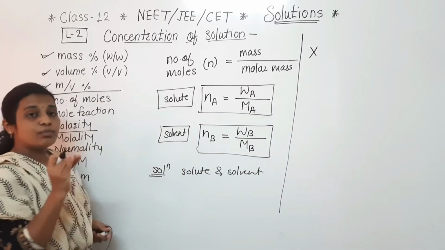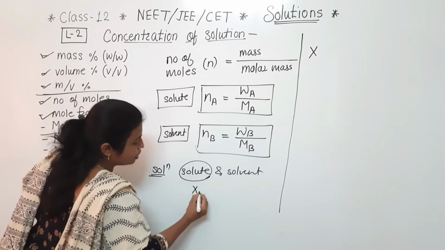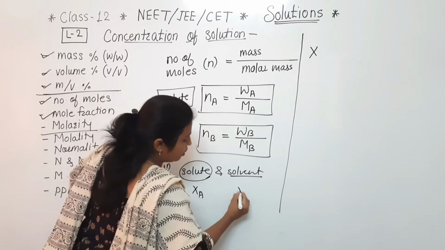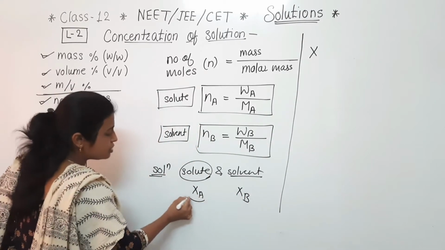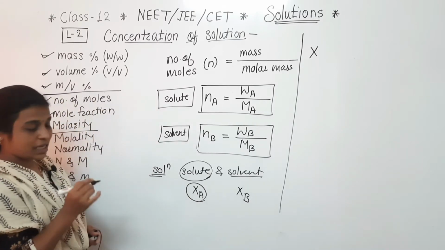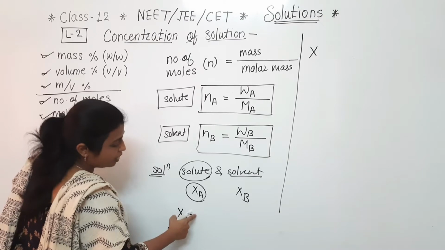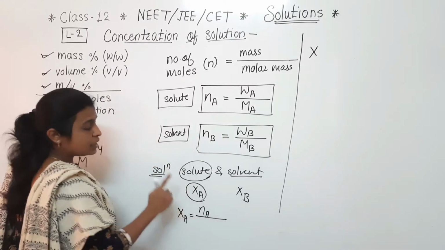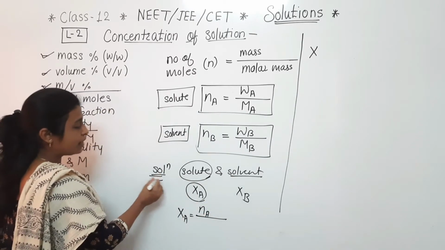The mole fraction of solute is denoted by the symbol Xa, and the mole fraction of solvent is denoted by the symbol Xb. Xa is nothing but the ratio of the number of moles of solute divided by the number of moles of components involved in that solution.